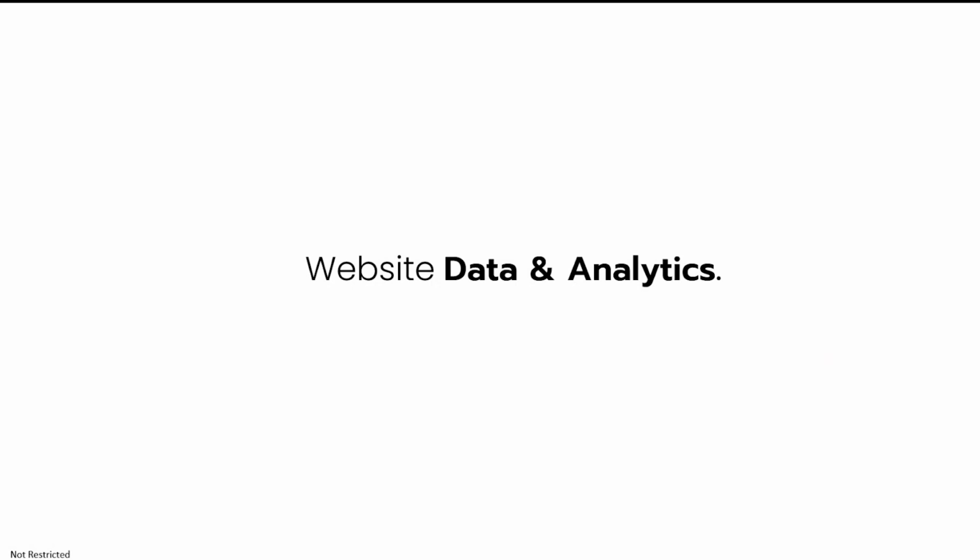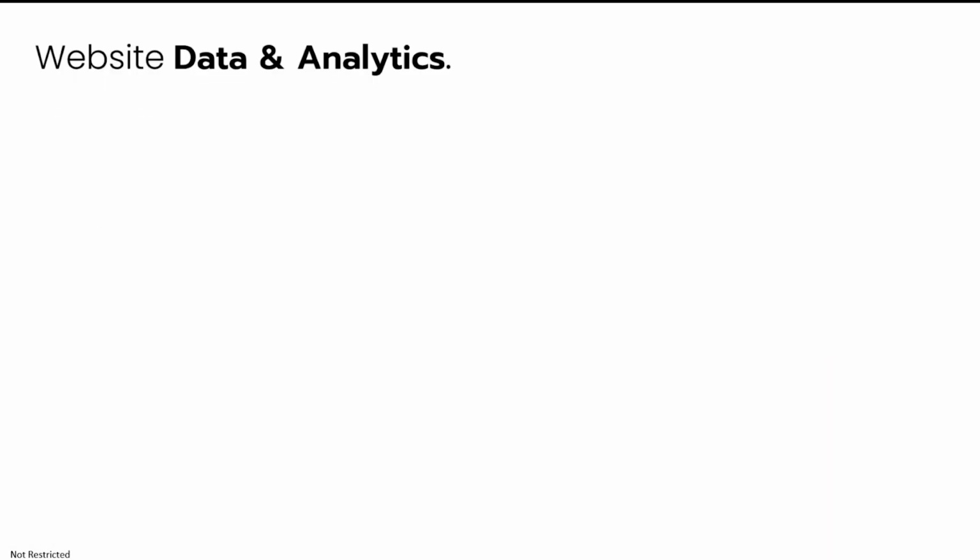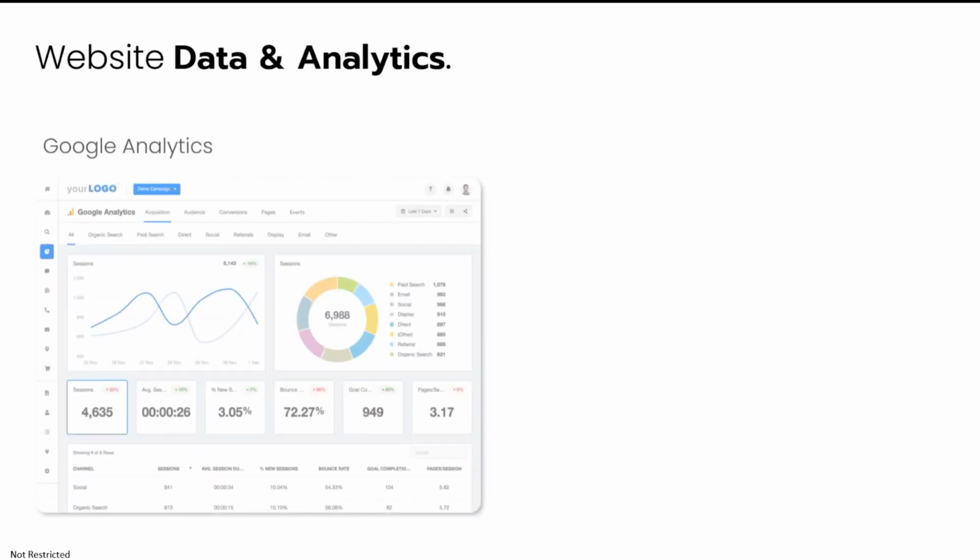You need website data and analytics to ensure that you stick to your objective and have a clear understanding of the data that's coming through on your website, and adjust your content, how things are laid out and your campaigns based on that.